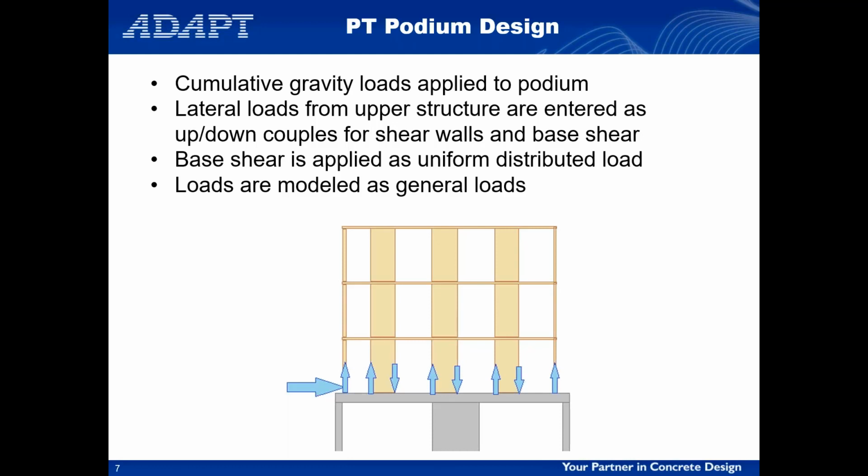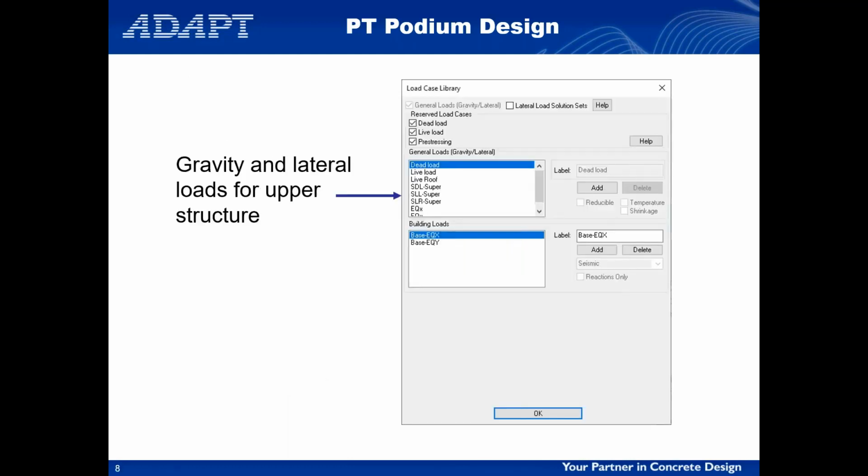as couples. A key thing to notice here, because I know there's sometimes confusion about which category of load in ADAPT to use for those superstructure loads: we recommend that you just model those as what we call general loads. If you look at the user interface for the load case library in this example project, you will see the dead and live loads, which are self-explanatory.